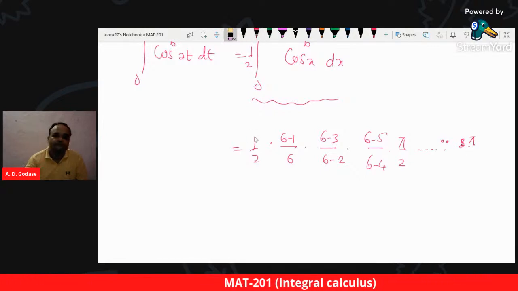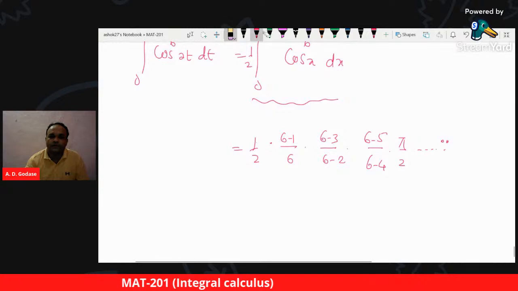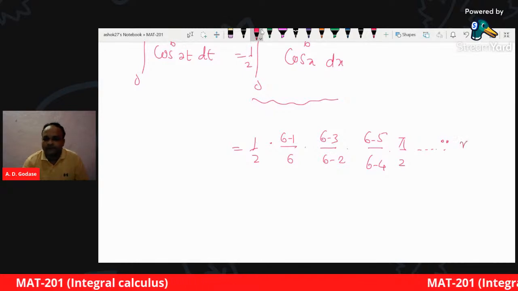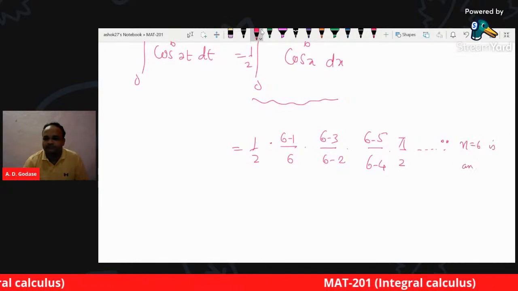Here n equal to 6 is an even integer, so be careful.